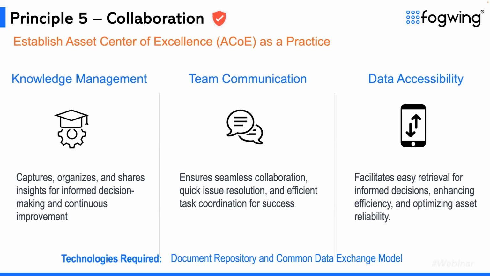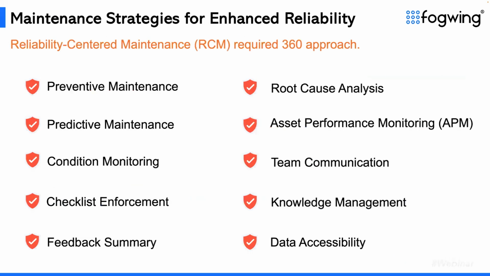All of them should be instantly accessible. So we have mobile technology, a document repository, and communication technology available today, and combined together, we need to build a system that makes the collaboration much easier and faster. So we looked at 5 principles so far.